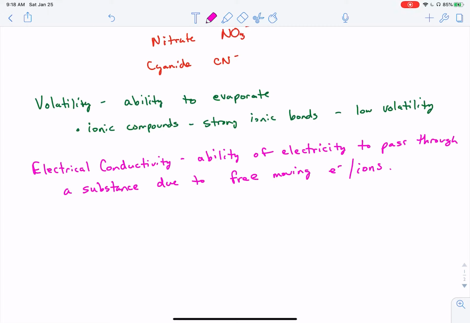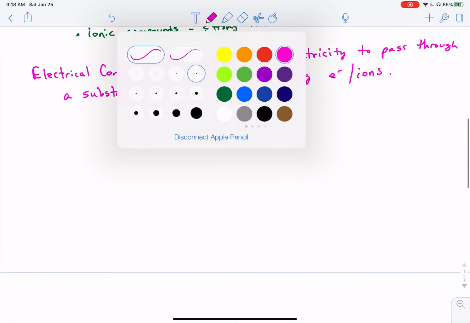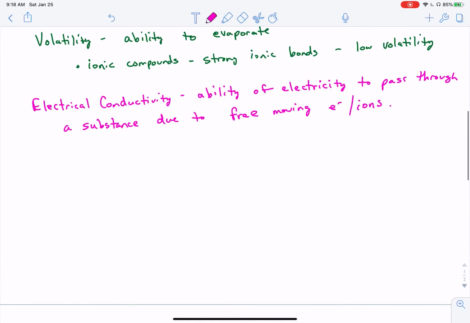You have to have it molten because solid ionic compounds don't conduct electricity because all the ions are fixed. And so in a solid ionic, you have no conductivity because you have fixed ions.